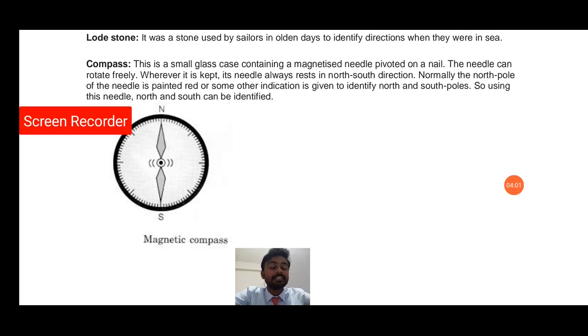This compass is used in the sea and also in some remote places, and in the defense also. In the sea and in the defense, this type of magnetic compass is used. Okay.